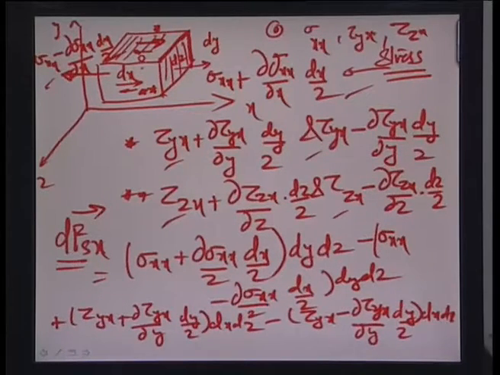Okay. So, these are the various components in the x direction, and mind you, this tau yx again has a cross sectional area dx times dz. Okay.